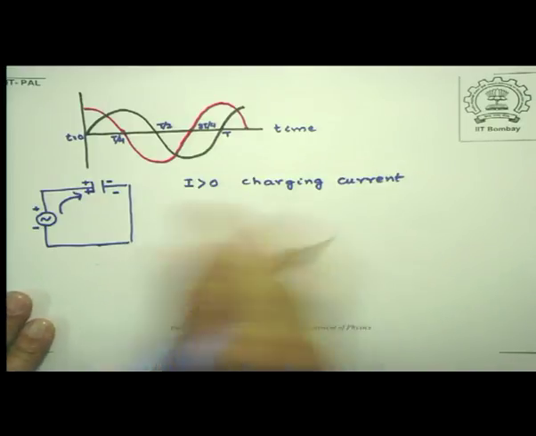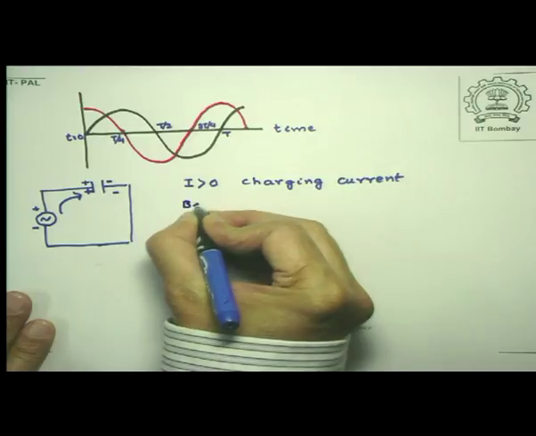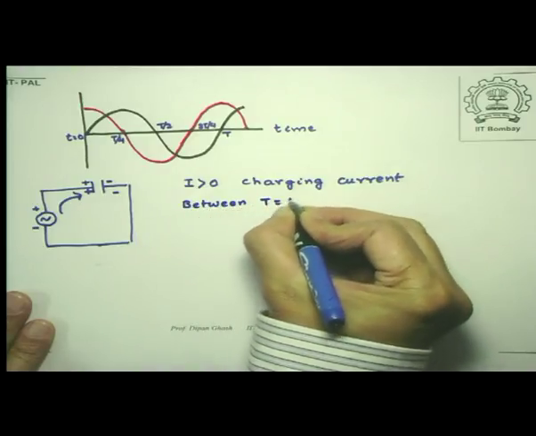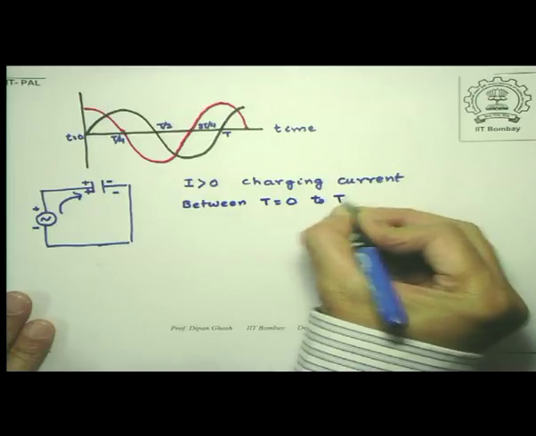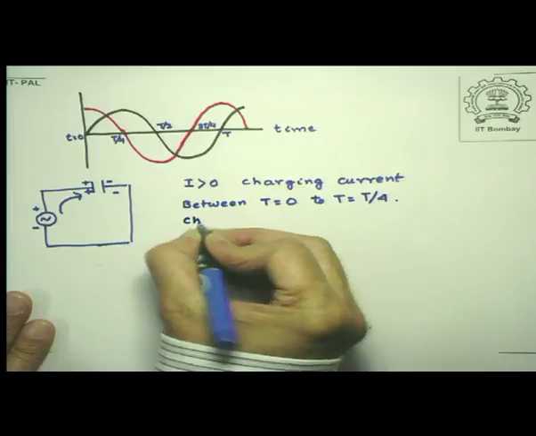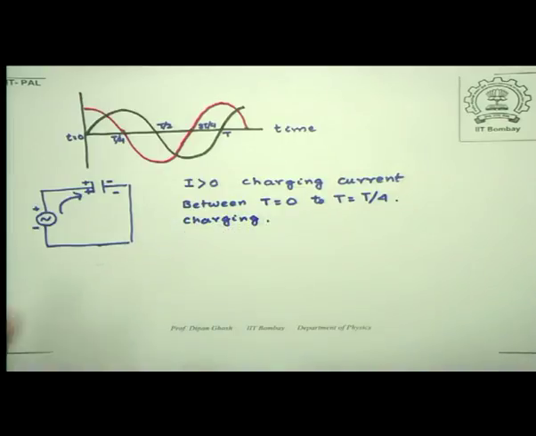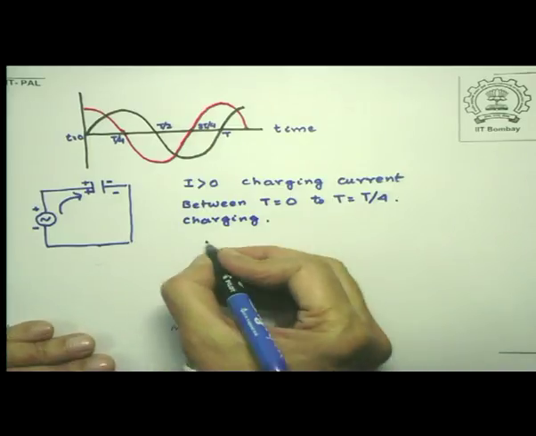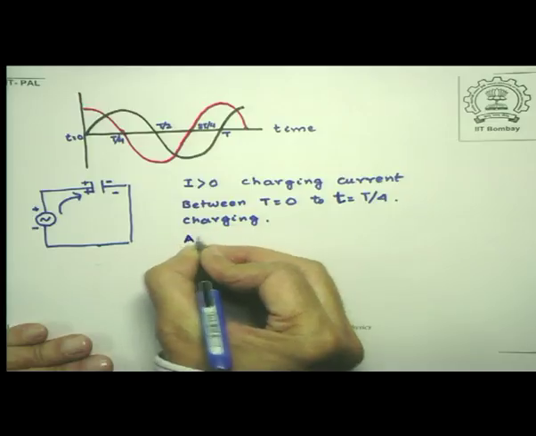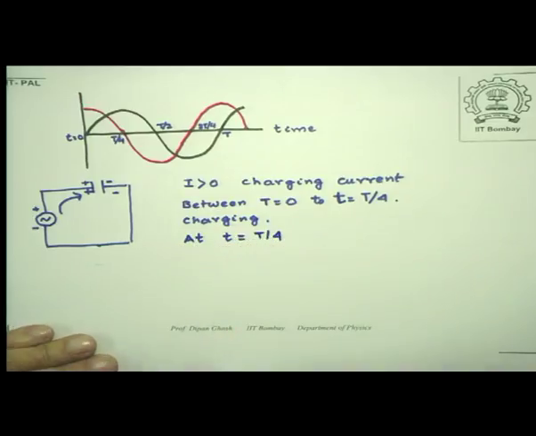So this is what happens between t equal to 0 to t equal to T by 4. So charging takes place. Now at t equal to T by 4, the capacitor plates are fully charged.